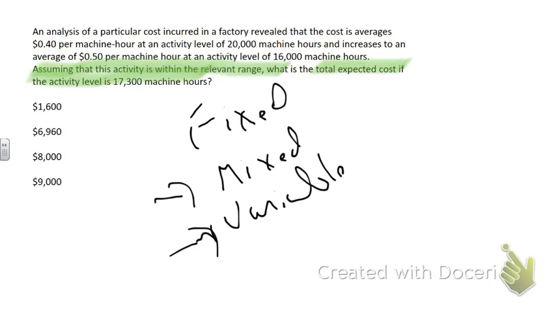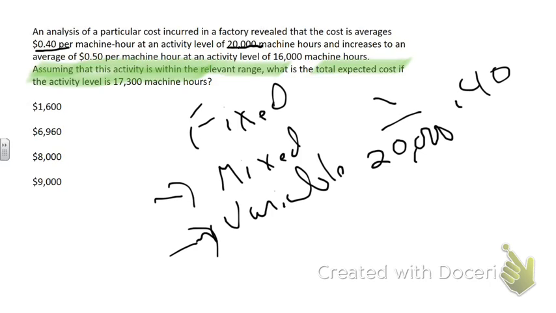The first thing it says is, notice that at 20,000 machine hours, the average cost is 40 cents per hour. So what that is telling me is that the total cost is $8,000, because the average is 40 cents. I don't know how much it costs, but I know that the activity level was 20,000.